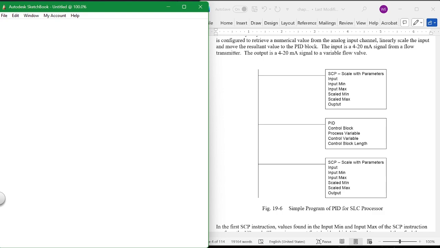Okay, so basically there is a set point that comes in that is not shown here, but in this block right here, there's a set point that's not shown, but you scale the input, you run it through the PID block, you get the output, and then you take the output and you set the output. So this is about as simple a PID program as you could get. This, by the way, does work. These three blocks for that program controller, this was the older version of the Allen Bradley. It does work because this is exactly how I did it.